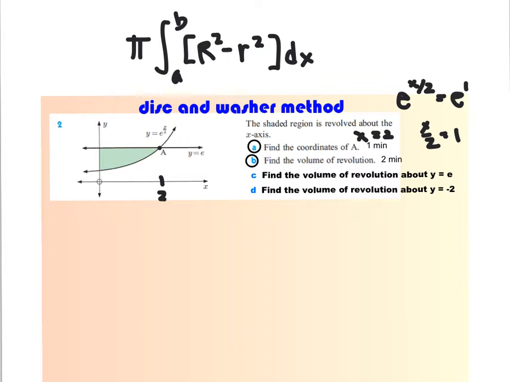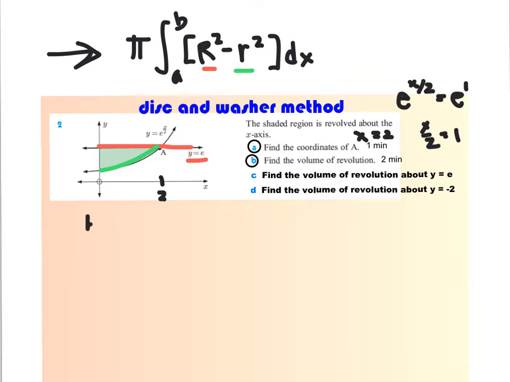It looks like around the x-axis. I'm going to employ this again, where big R is my greater function and little r is my smaller function. It looks like in this case y equals e is my larger function for that interval, and y equals e to the x over 2 would be my smaller function.